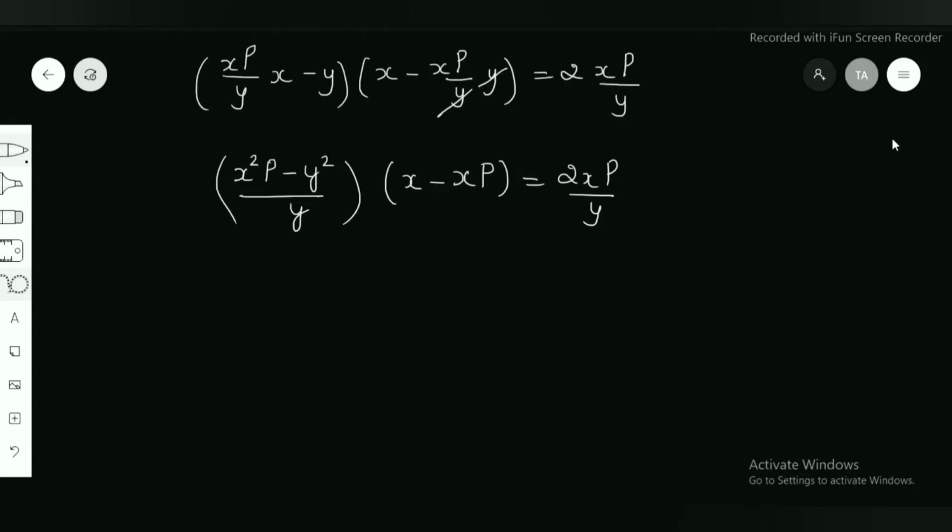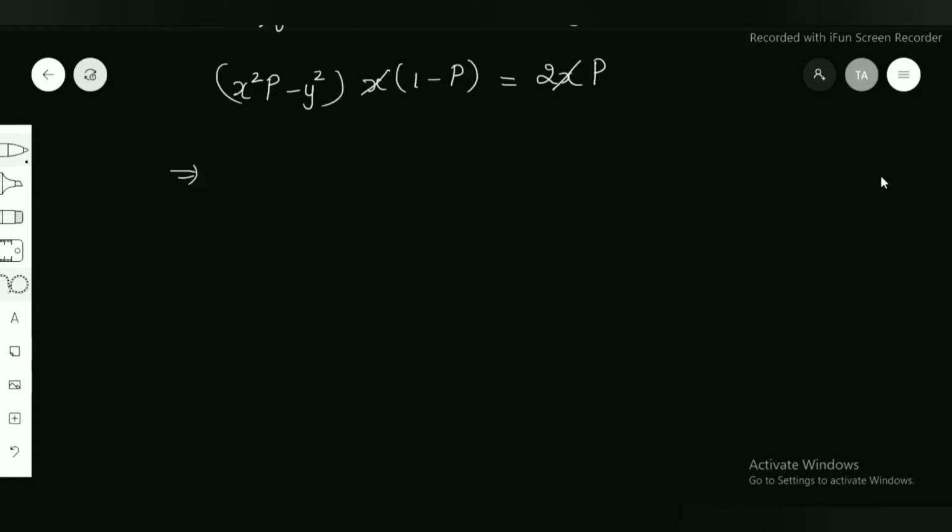Now if you observe this, y and y will get cancelled. We are left with (x²P - y²). If I take x common, (1 - P) = 2xP, and again x and x will both get cancelled out.